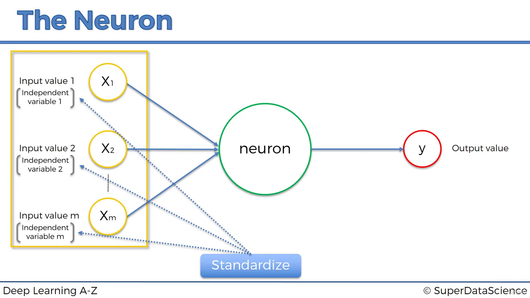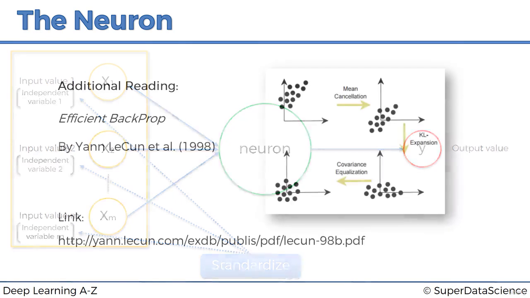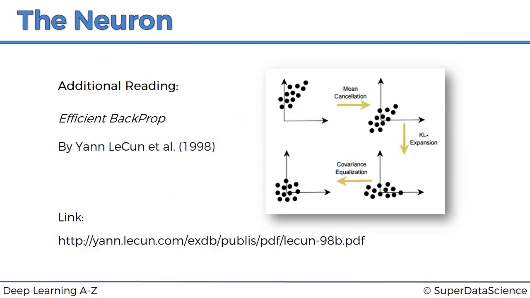If you want to read more about standardization, normalization, and other things you can do with your input variables, a good additional reading paper is called Efficient Backprop by Yann LeCun, 1998. The link's over there. We're actually going to talk about this phenomenal person and his place in deep learning in the part of the course on convolutional neural networks.